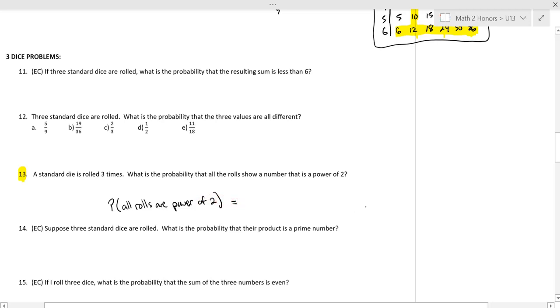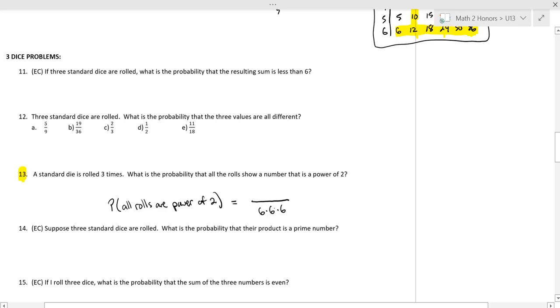So first of all, in this, my denominator, I'm rolling a die 3 times. So there's 6 possibilities for the first roll, 6 possibilities for the second roll, 6 possibilities for the third roll. This is getting bigger than I want to list. If it's 6 times 6, list 36 ways, that's fine.